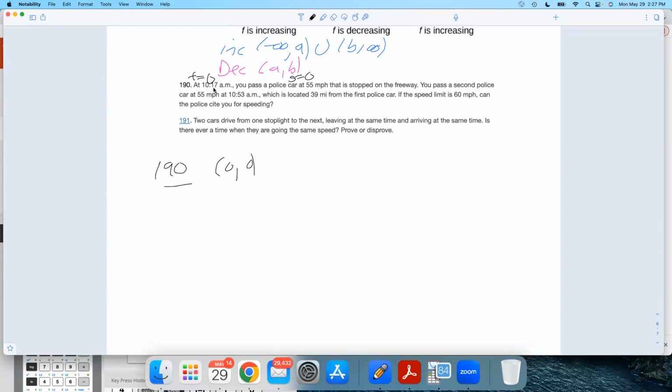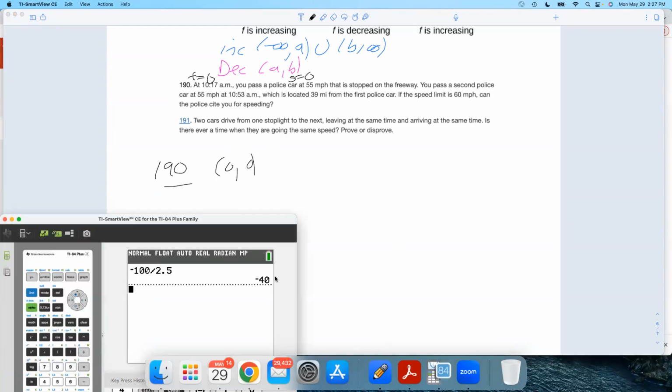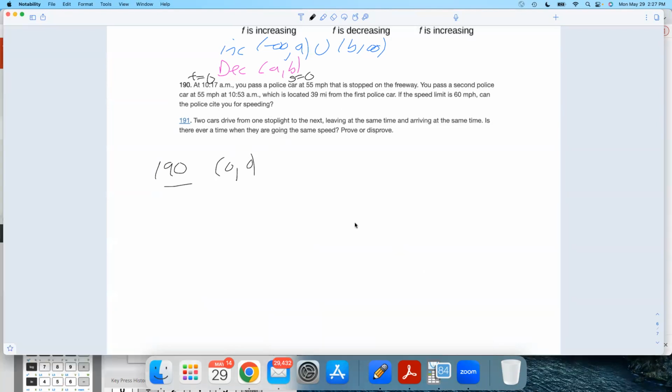Then however many minutes later that is, 53 minus 17, 36 minutes later, at 36, you've gone 39 miles. So here's a second point. That's your time, that's your location.